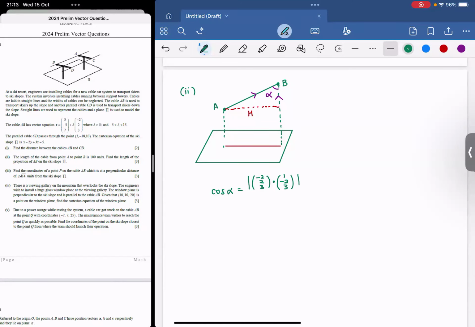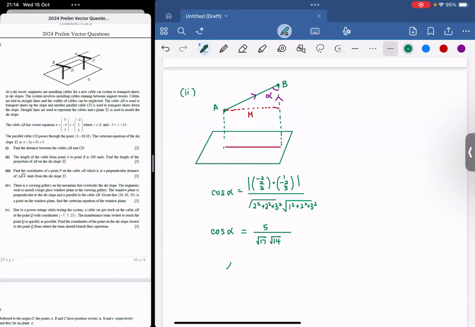We take the modulus so that we're finding the acute angle, over the square root of 2 squared plus 2 squared plus 3 squared, times the square root of 1 squared plus 2 squared plus 3 squared. So cosine alpha equals (-2 - 4 + 9), which is 5, over the square root of 17 times the square root of 14.